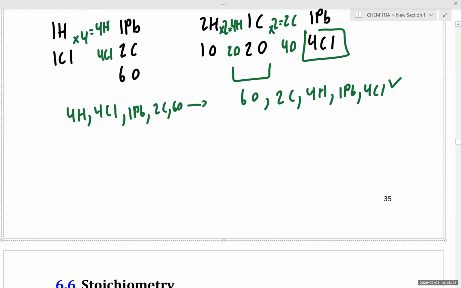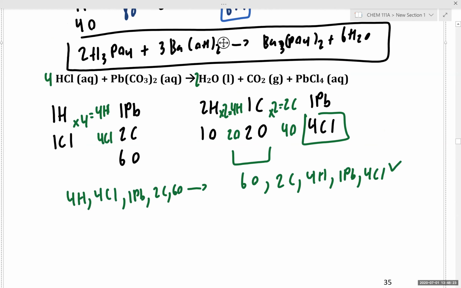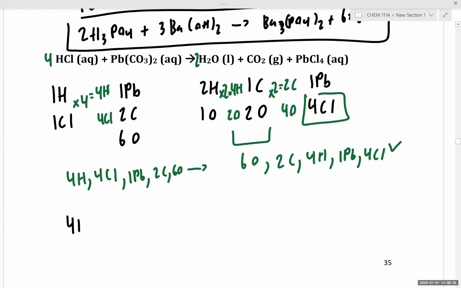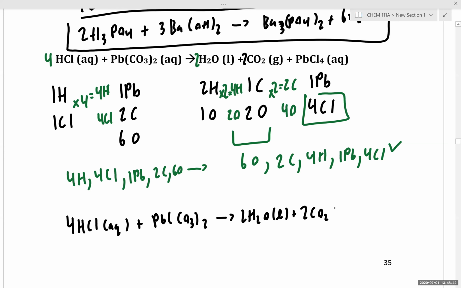Let's just write down our balanced chemical equation now. So we have 4 HCl aqueous plus lead carbonate leads to 2 H2O plus 2 CO2 plus lead chloride, which is PbCl4.